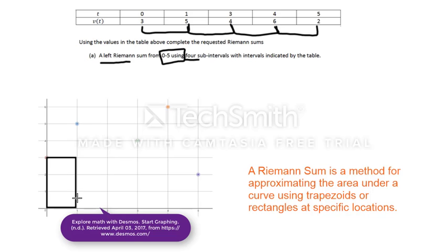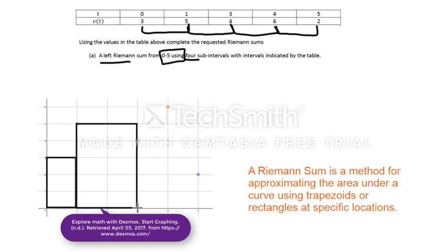So we have our first rectangle from 0 to 1, another rectangle from 1 to 3, which again, the height of this rectangle is given by the left y value. So even though we're going from 1 to 3, I'm really just concerned with that y value on the left. And if it's hard to read from the graph, we can also see it up here.